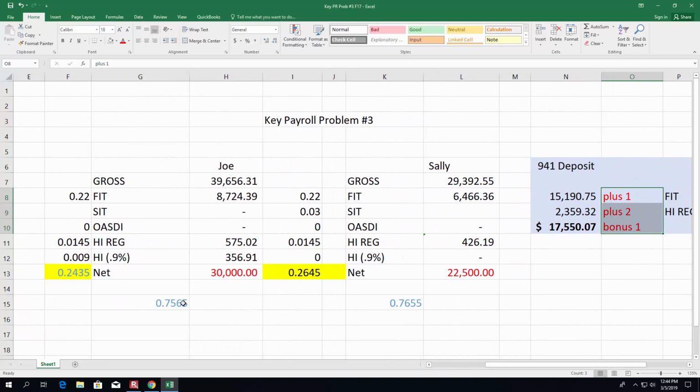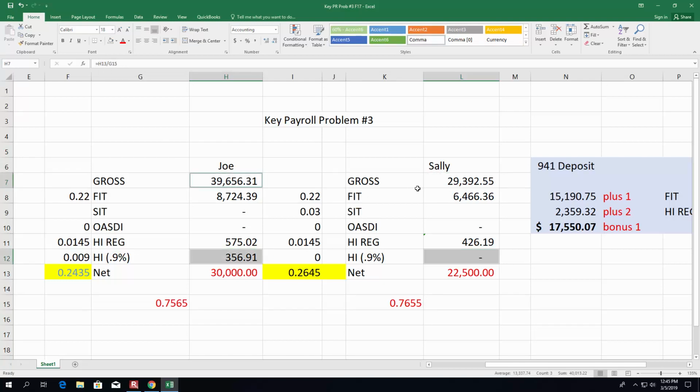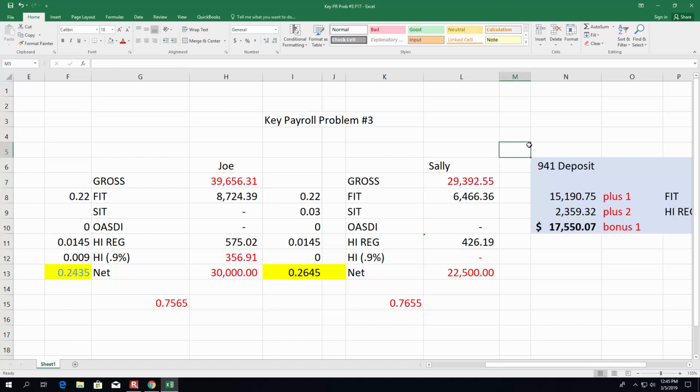You got a point each for these because that meant you got this right. So if you got the 75.65 and the 76.55%, those are plus 1. 1, 2, 3, 4, 5, 6, 7, 8, 9, 10, and I'll put those. So everything in red is a point, and that comes to 12.